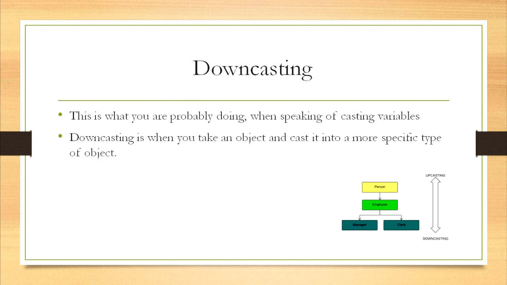One type of variable casting is downcasting. This is more common than upcasting, and probably what you are doing when casting. Downcasting is when you take an object and cast it into a more specific type of object. This is done to get a specific functionality to the object, basically making it more flexible.